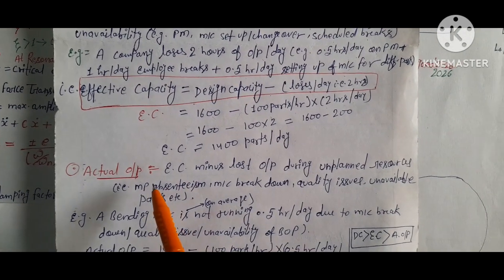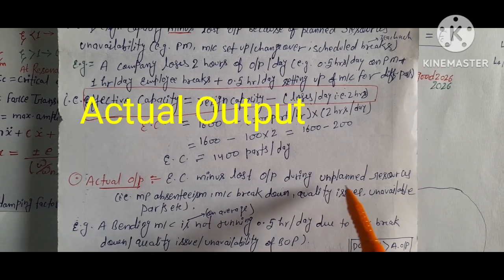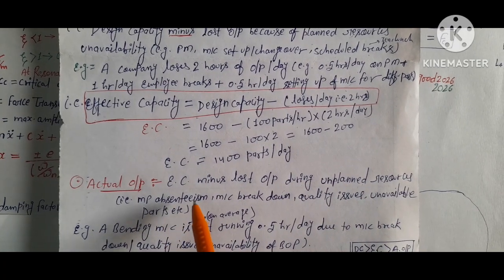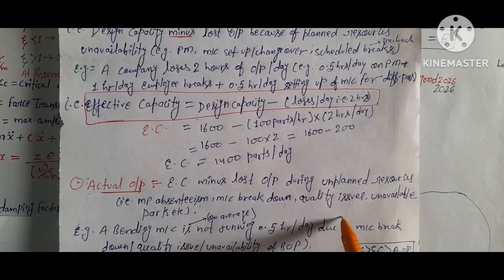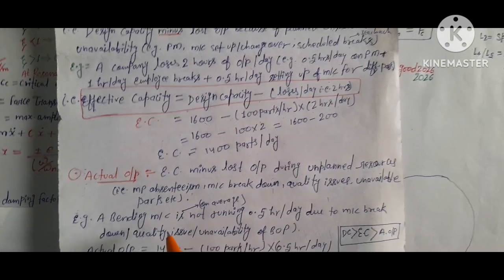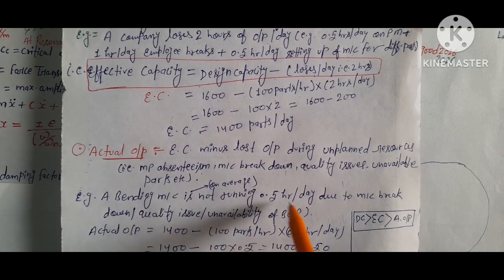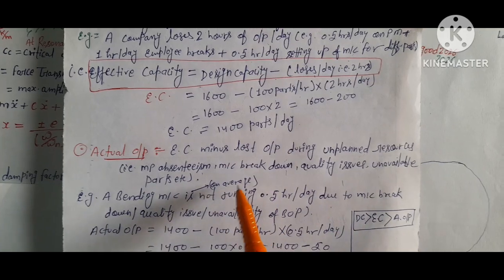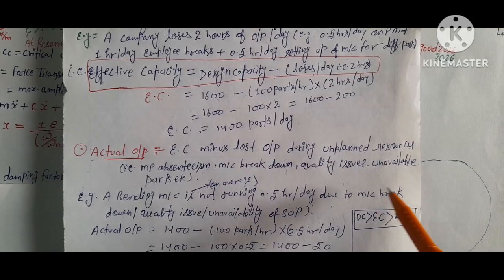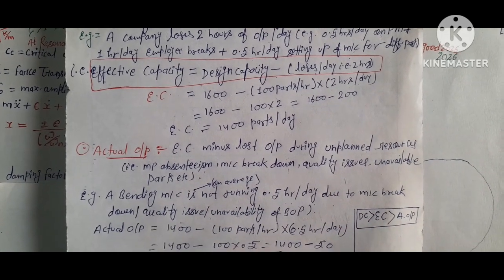So what is actual output? Actual output equals effective capacity minus loss of output due to unplanned resource issues. Unplanned issues mean manpower absenteeism, machine breakdown, quality issues, or unavailability of BOP parts. For example, a bending machine is not running 0.5 hour per day on average due to machine breakdown, quality issues, or unavailability of BOP parts.